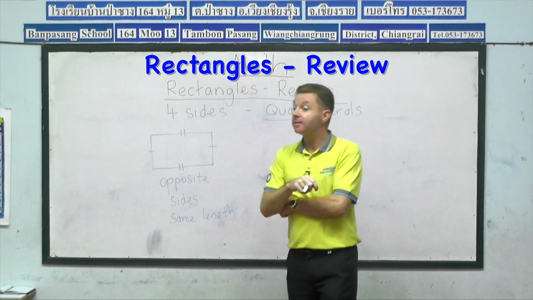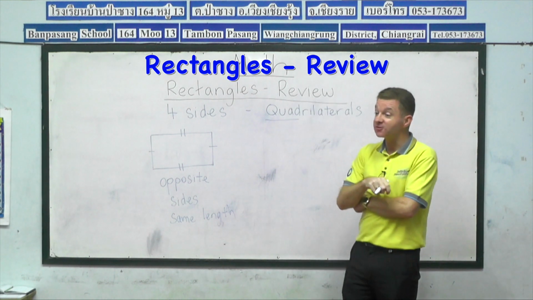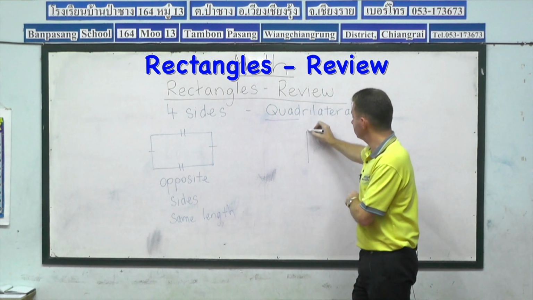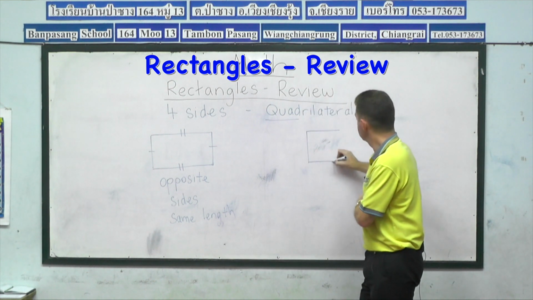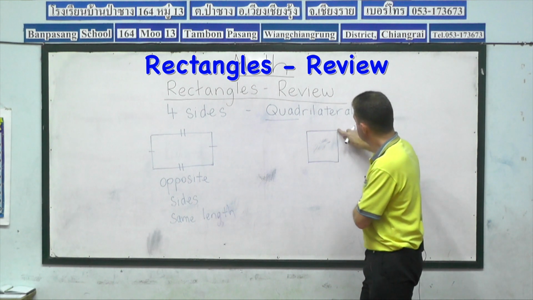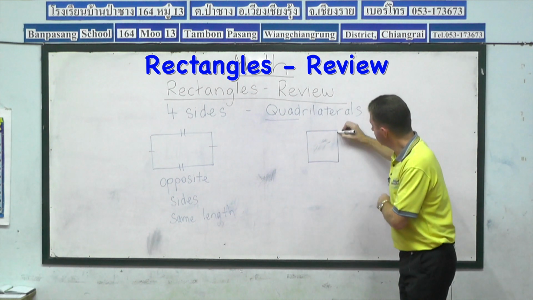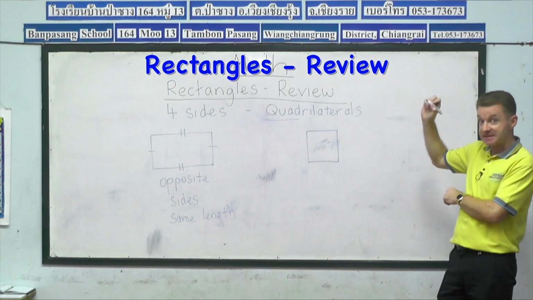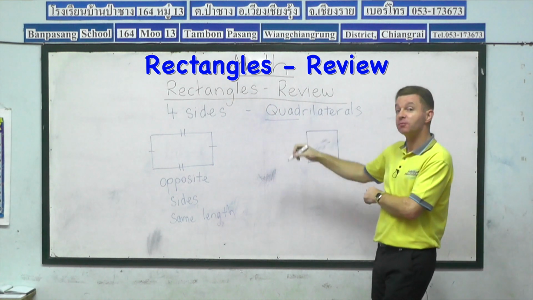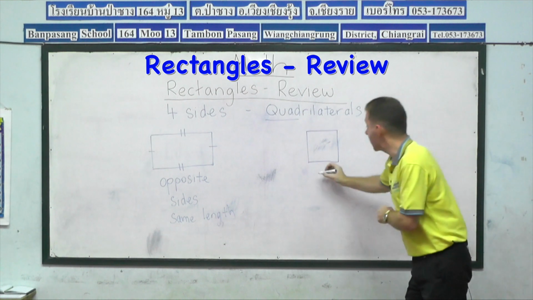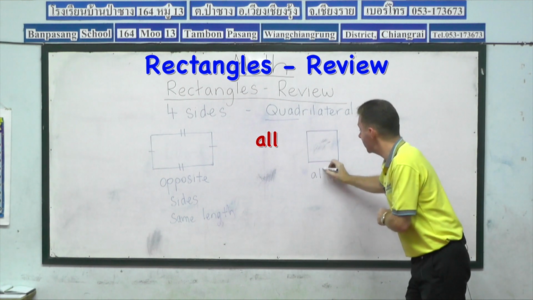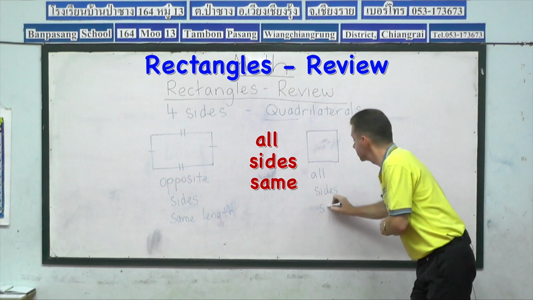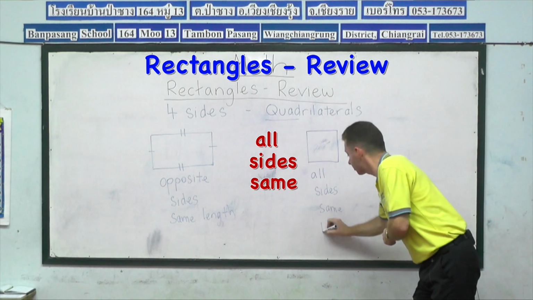But then, Pak Bung, you told me about another shape, a square. Now, a square is a special type of rectangle because are all the sides the same length now? Yes, you see, that is the difference between a standard rectangle and a square. A square has all sides same length.